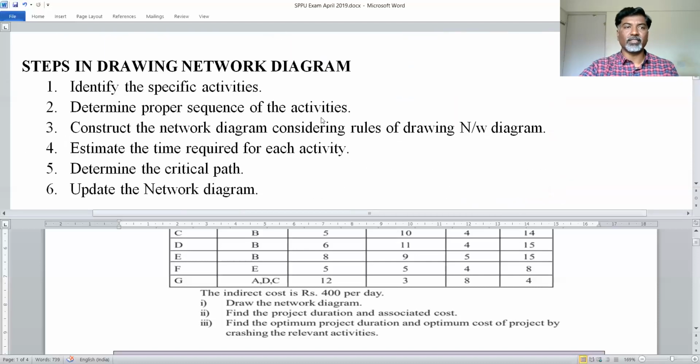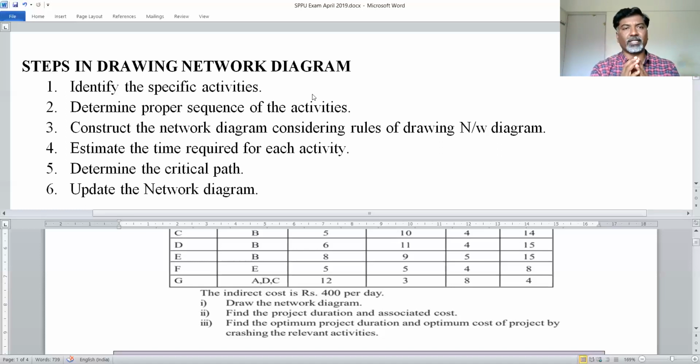Then, last, we will see how to draw a network diagram. While drawing a network diagram, you have to take some rules and guidelines into consideration. First, identify the specific activities. From the overall project, you have to identify the major activities you have to perform to complete it. Then determine the proper sequence of activities.